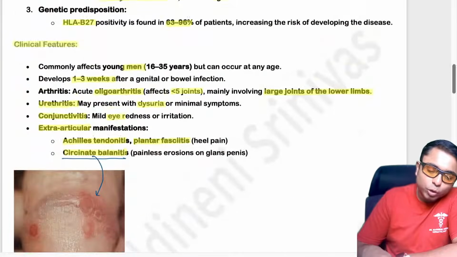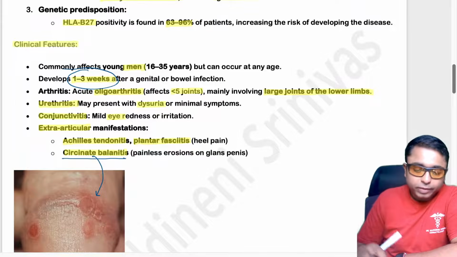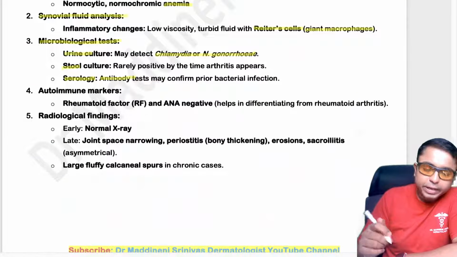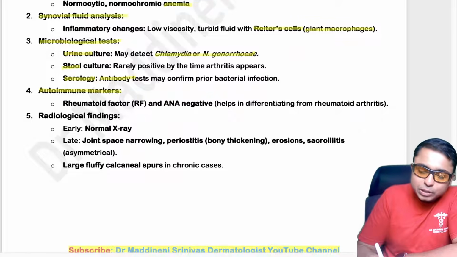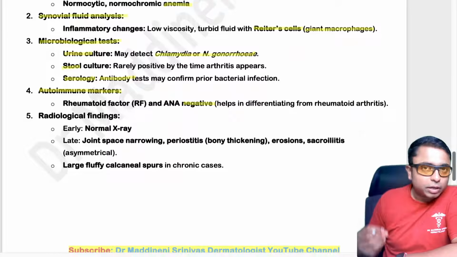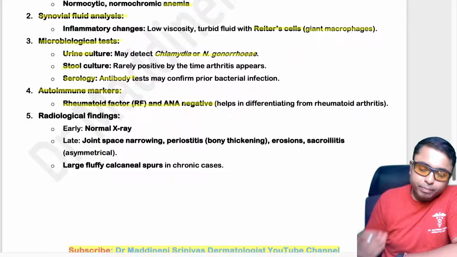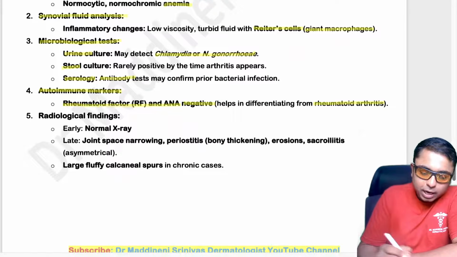If you remember, I told you it is 1 to 3 weeks after the genital or bowel infection. So only antibodies may be helpful in making the diagnosis. Coming to the markers, remember this condition, reactive arthritis, is negative for rheumatoid factor and also ANA. This helps in differentiating it from rheumatoid arthritis.